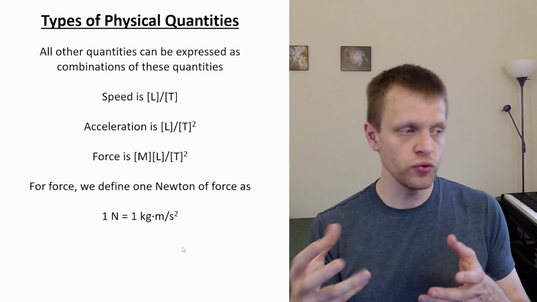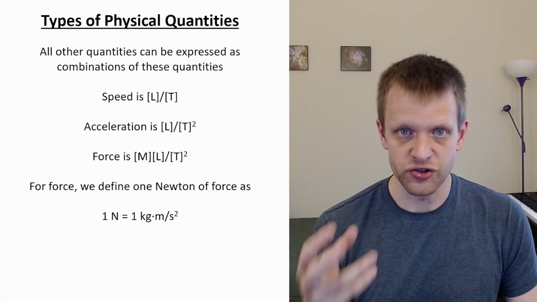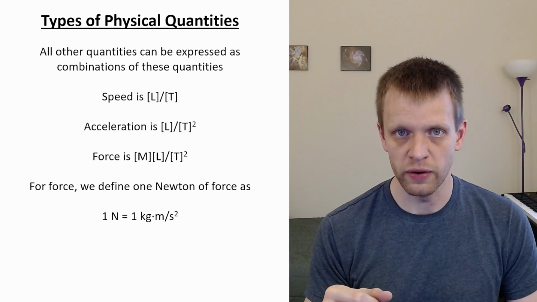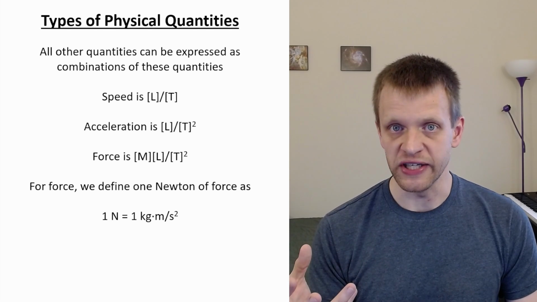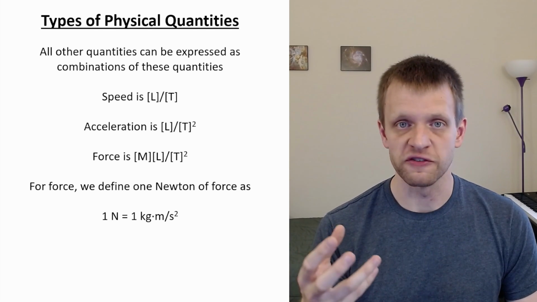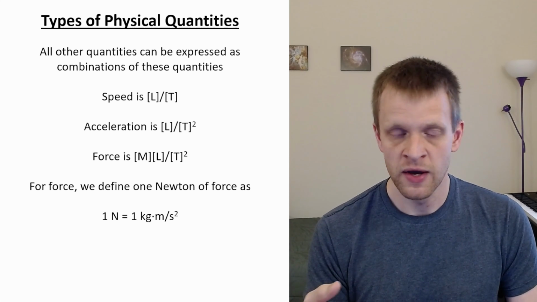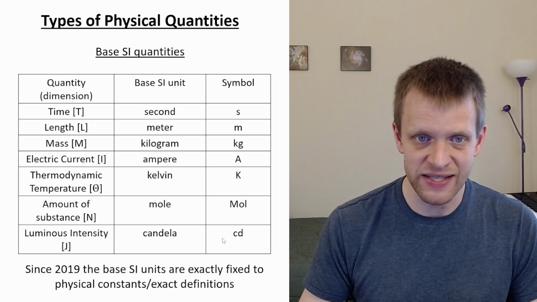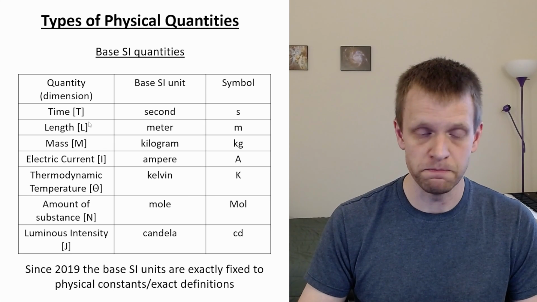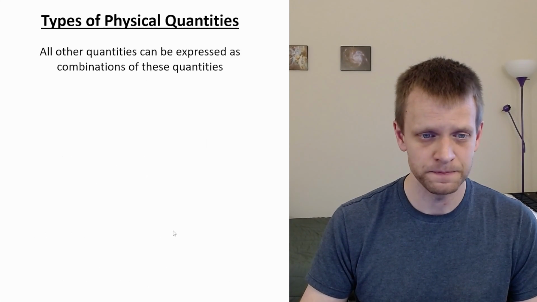So again, these new units, for example, newtons, we can define those in terms of our base SI quantities. Similarly, when we talk about joules of energy, or watts of power, or Teslas of magnetic field strength, we can describe those in terms of these base SI units and these different dimensions that we've defined here, these base dimensions.